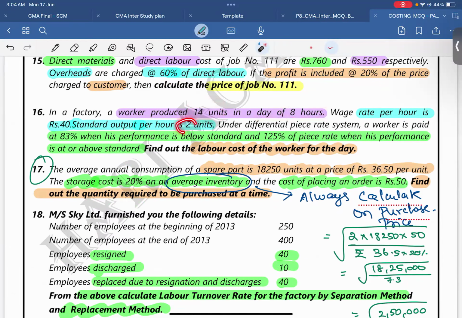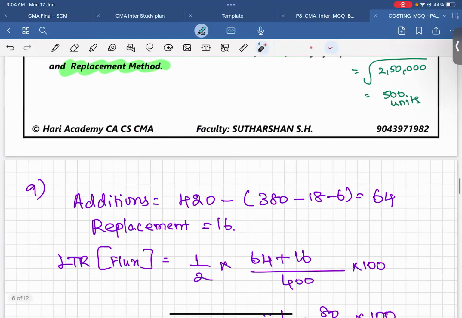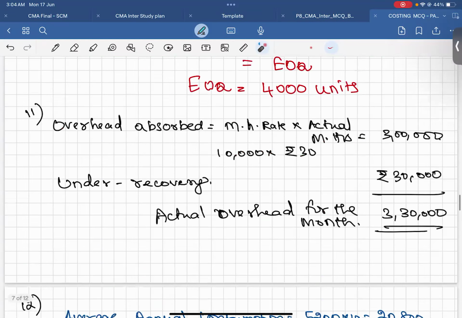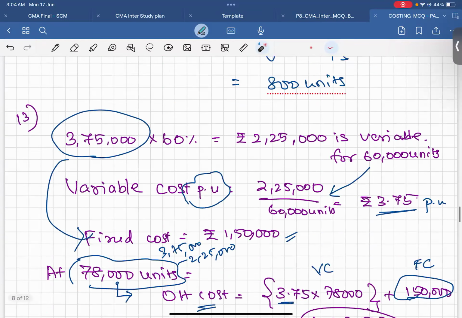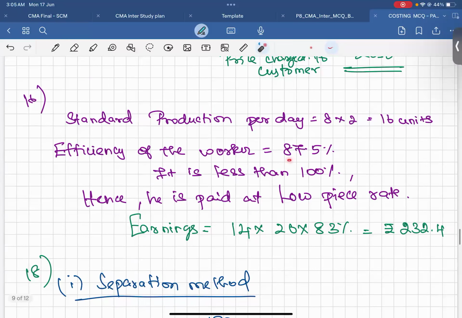But what is the standard? 8 into 2, it is 16 units you need to produce. So the efficiency of the worker is only 87.5 percentage. It is less than 100 percentage, so he is paid at a lower piece rate. What is the lower piece rate? 83 percentage is the lower piece rate.